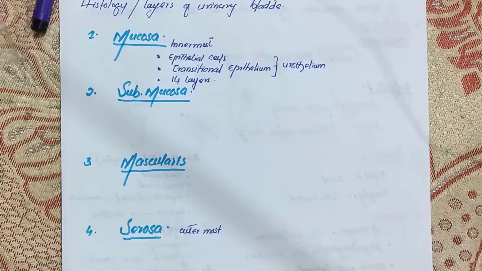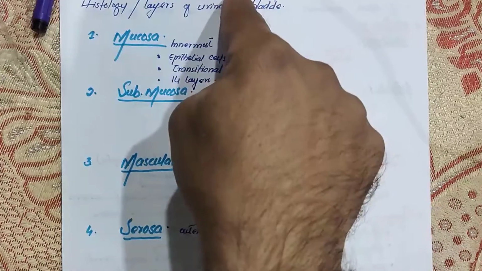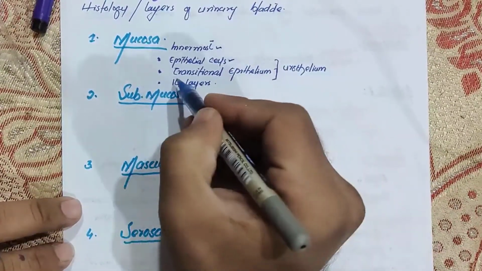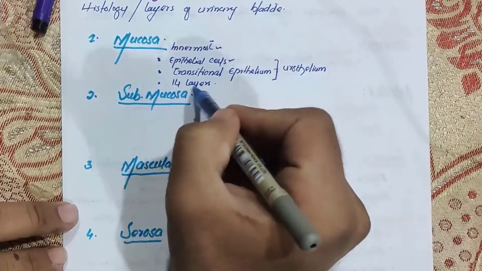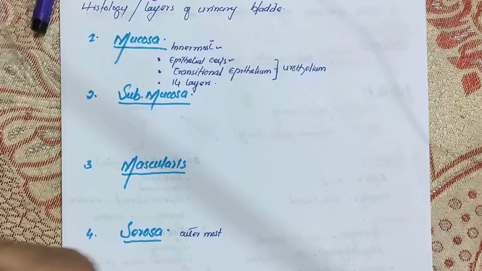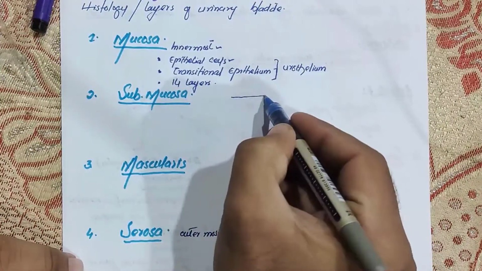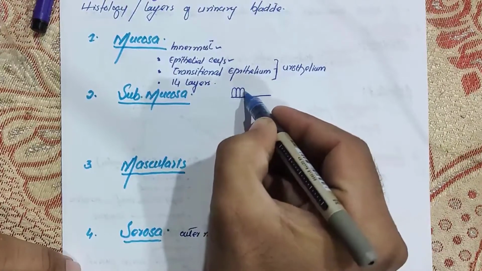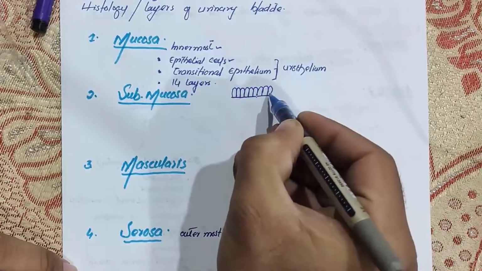Important points about the mucosa of your urinary bladder: it is the innermost layer. It is composed of epithelial cells, which are transitional epithelium, and there are 14 layers of it. The base cells are cuboidal cells, and the outer cells are columnar cells, right?